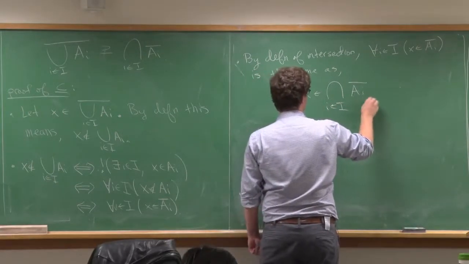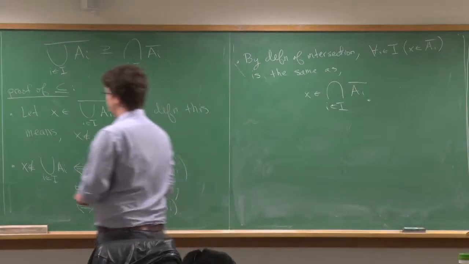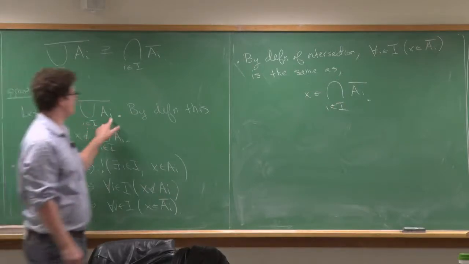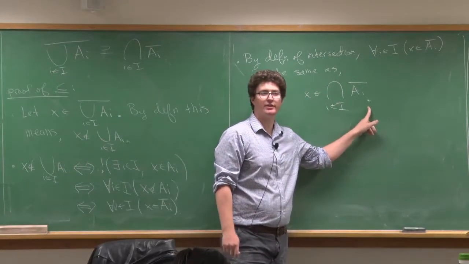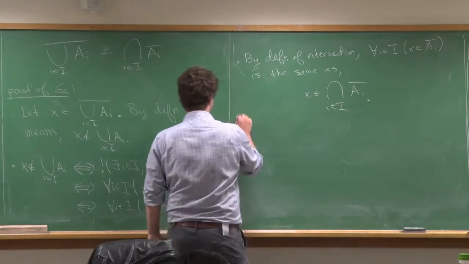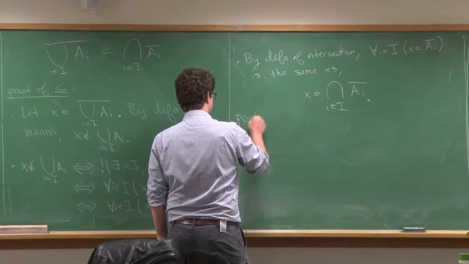So that's the definition of the big intersection. Okay, so here we started with x as an element of this thing, and then we showed that x is an element of the other thing that we wanted to show, which shows the first subset inclusion. Okay, so let's do the second proof.